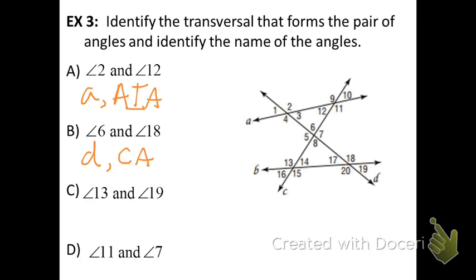13 and 19. And they're on alternate sides of this one, so B is our transversal. Alternate sides, and they're outside our 2 lines, so we would say alternate exterior angles. The last one is 11 and 7.